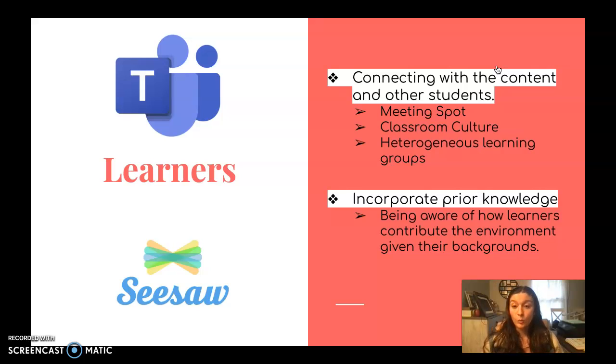We established a classroom culture amongst ourselves, knowing when to use our microphones, the chat box, muting on and off, turning your cameras on. And we created heterogeneous learning groups amongst our classroom culture. That way students were connected with the content and other students at varying levels of ability. I wanted to keep in mind the prior knowledge that these students had, so being aware of how they contribute to the environments and their backgrounds.